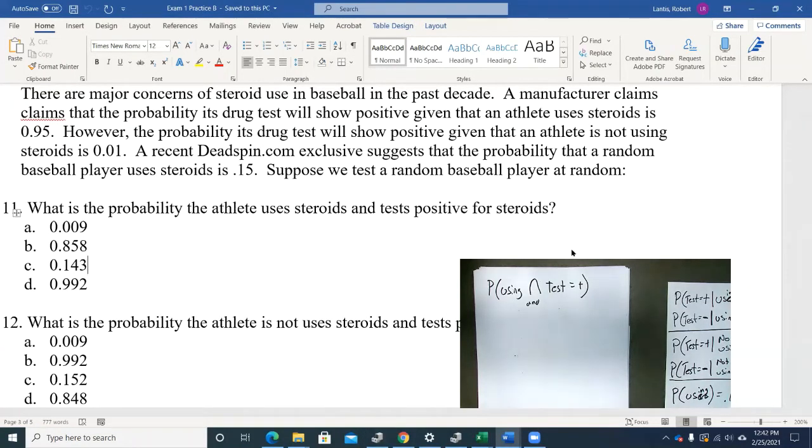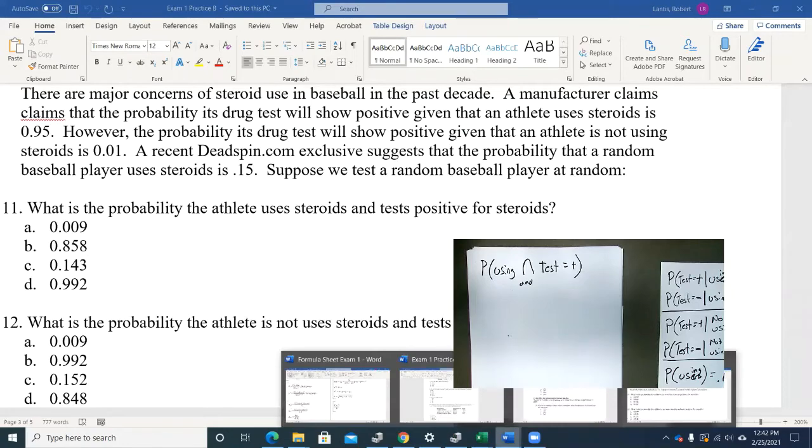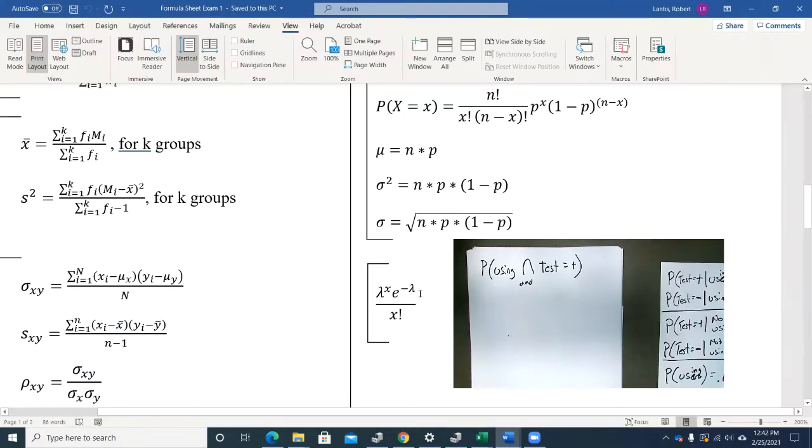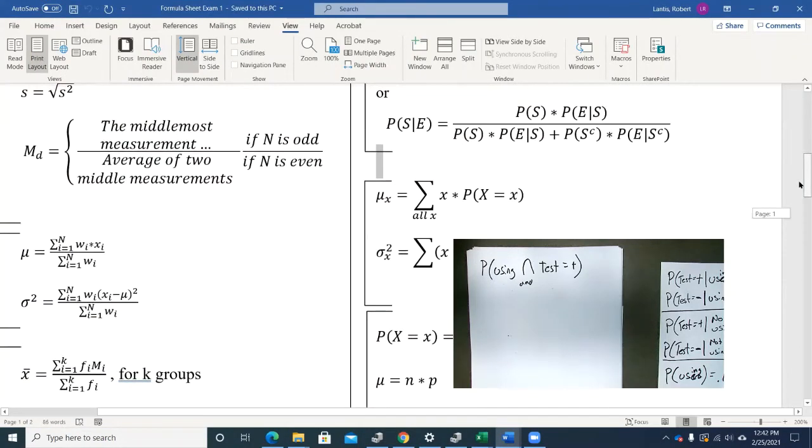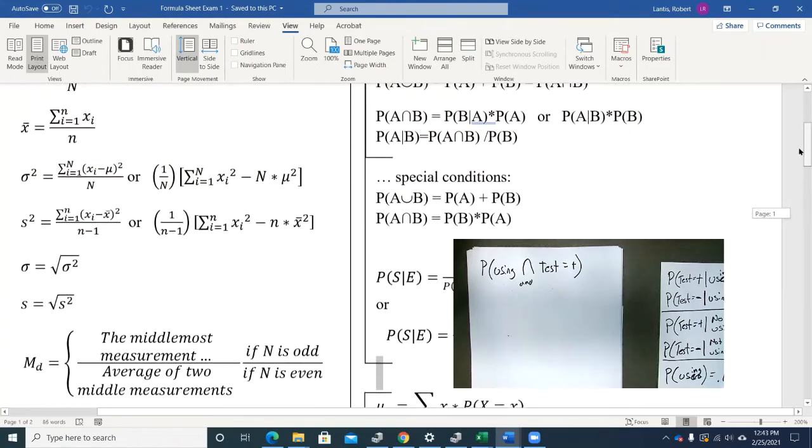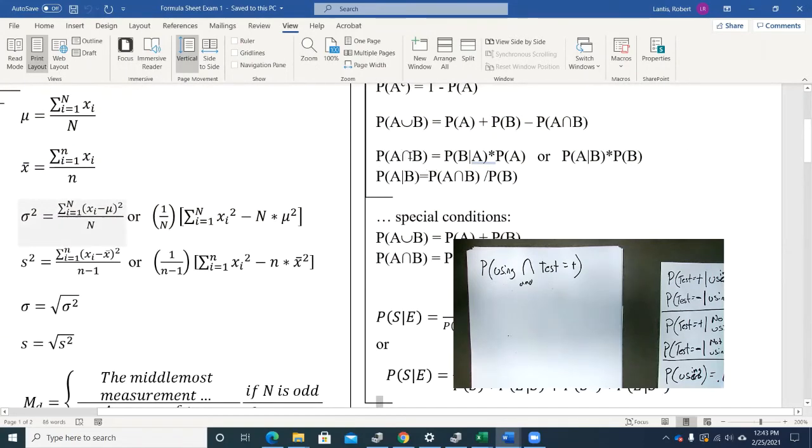If we go to our formula sheet, scroll up here, we've got that the intersection of two events is simply the conditional probability times what I'm conditioning on. So I'm just going to write out this general equation in the context of my example.